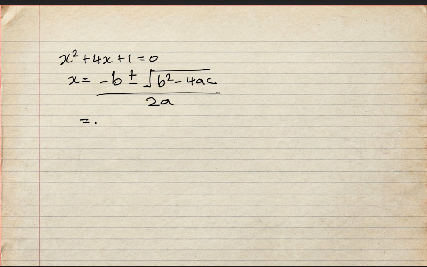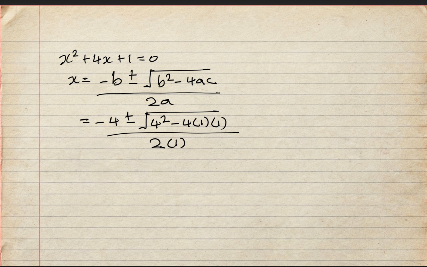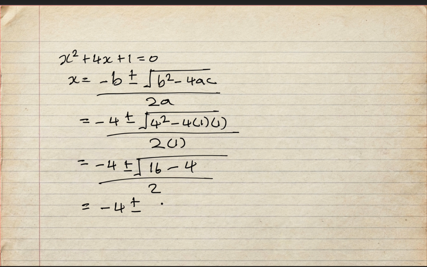So this is equal to minus 4 plus or minus the square root of 4 squared minus 4, a is 1, c is 1, all over 2 times 1. So this is equal to minus 4 plus or minus the square root of 16 minus 4, over 2. So this is equal to minus 4 plus or minus the square root of 12, all over 2.